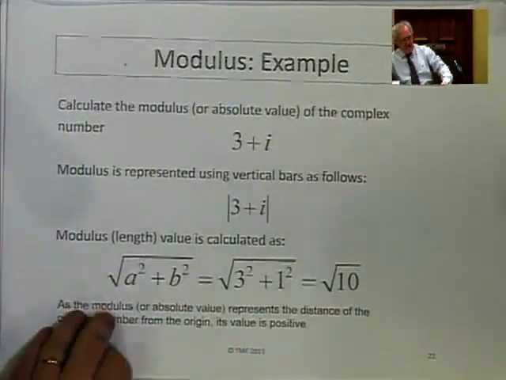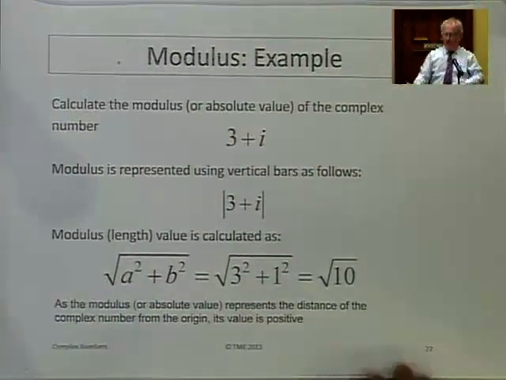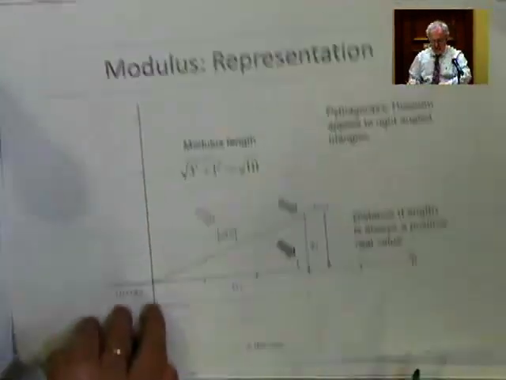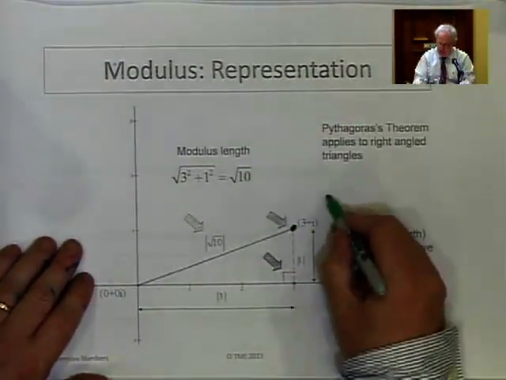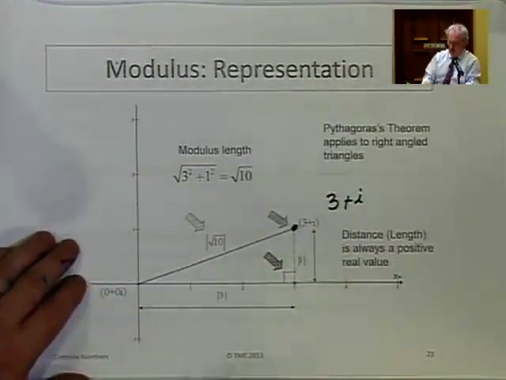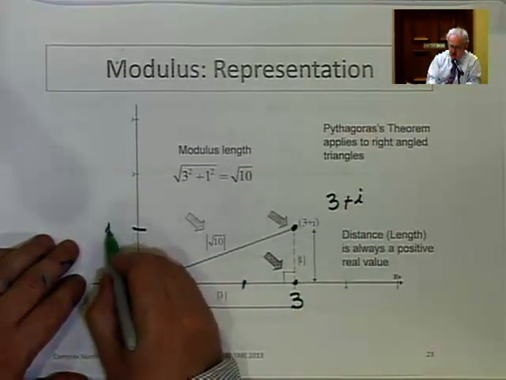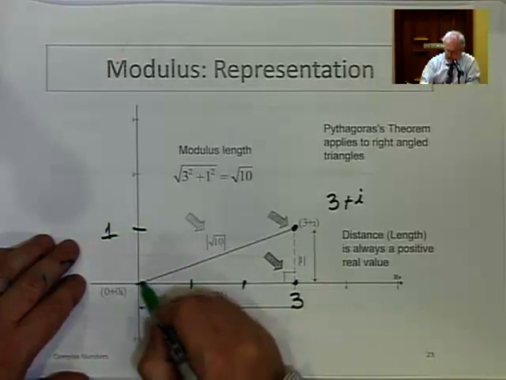So where did this come from then? How do we find out how far a point is from 0, 0? Let's take the point here, 3 plus i. It's 3 out, 1, 2, 3. It's 1 up. And what's that length?